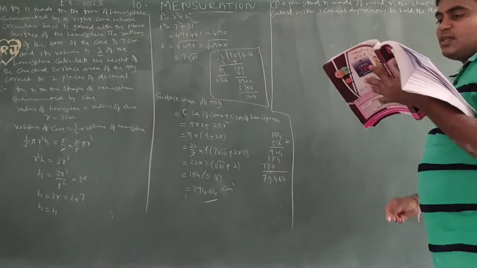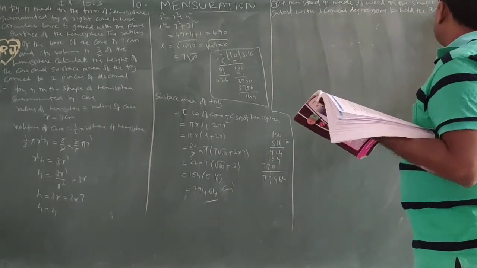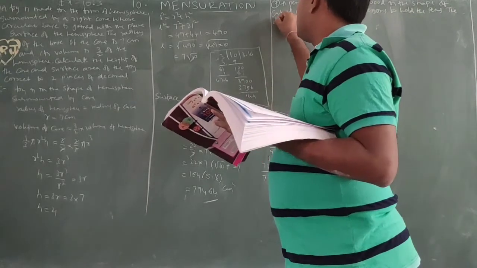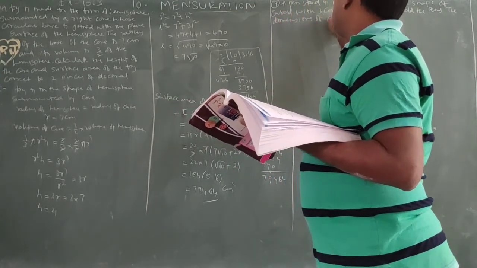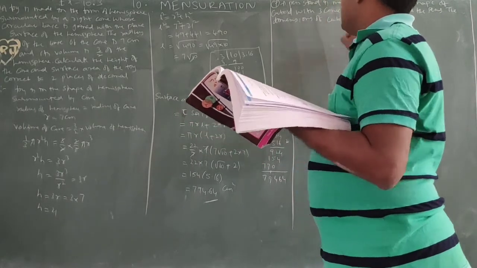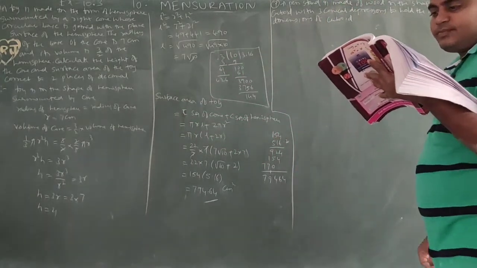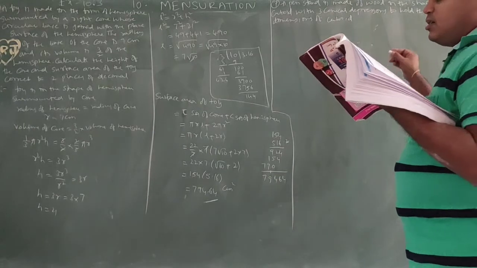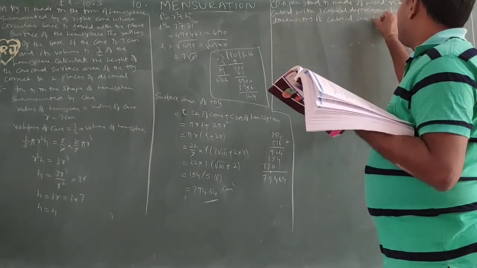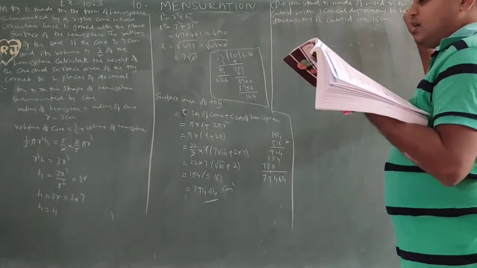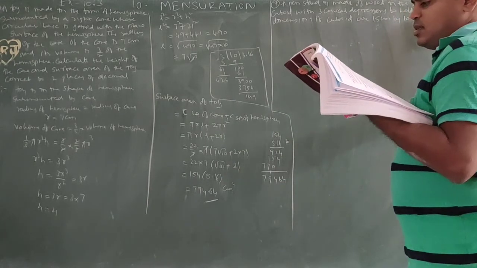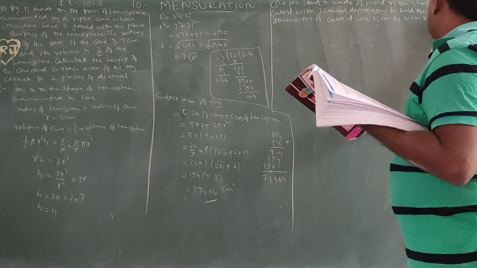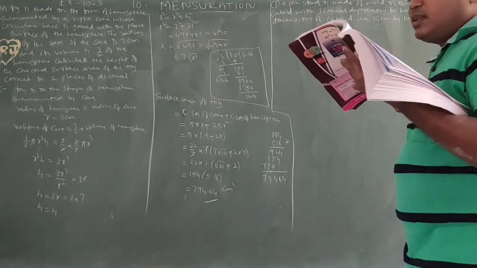The dimensions of the cuboid are 15 centimeters by 10 centimeters by 3.5 centimeters.